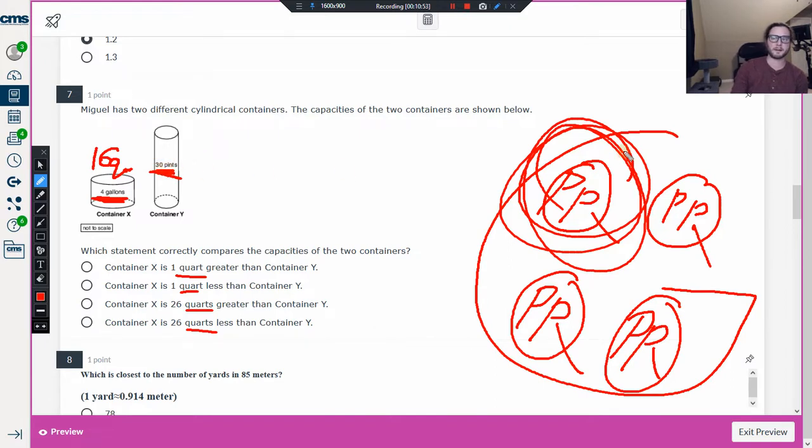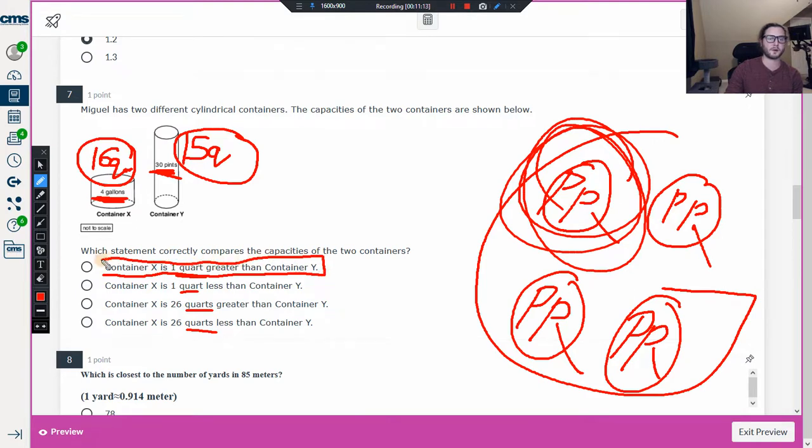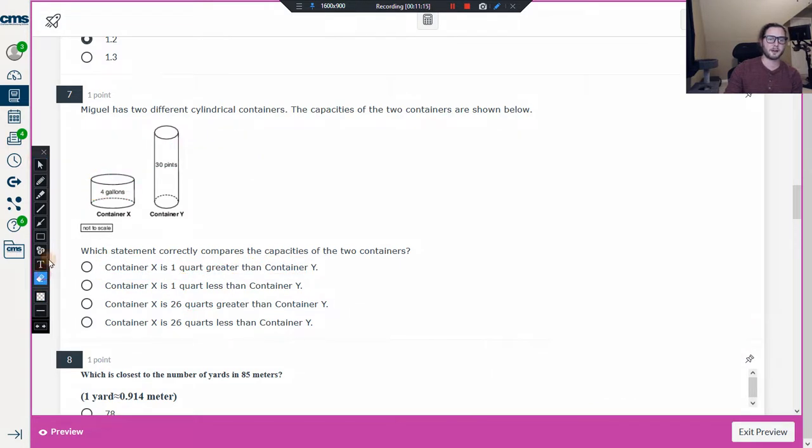So 30 divided by 2 would give me 15 quarts. So now the question is, which of these two containers is greater and by how much? Well, container X is 16 quarts and container Y is only 15 quarts. So that means container X is 1 quart greater than container Y. And that's going to be our answer for this one.